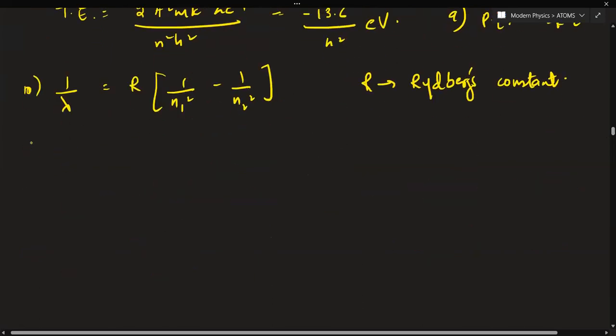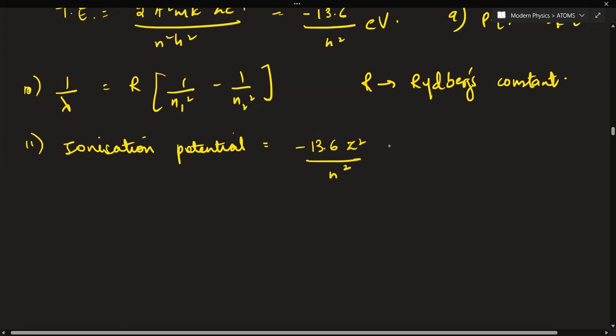Also, one more thing. The ionization potential is equal to minus 13.6 Z square divided by n square volt.